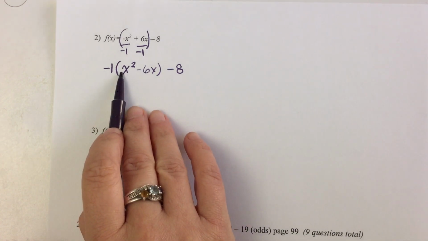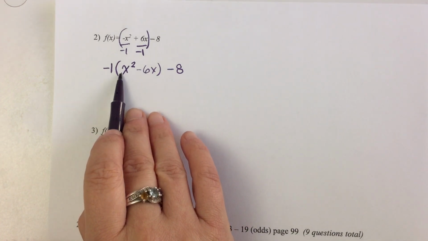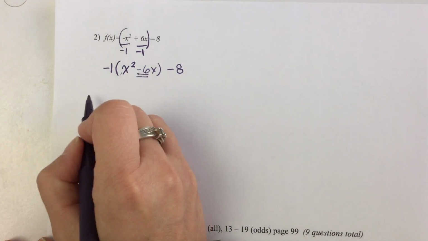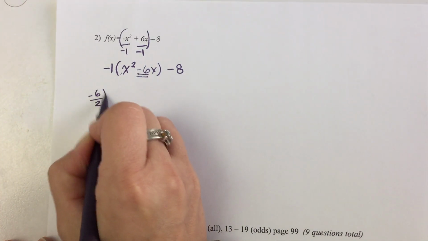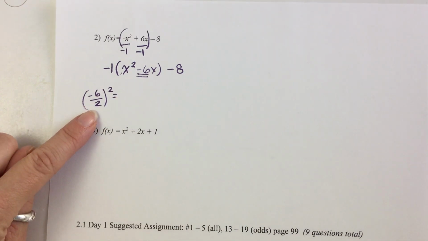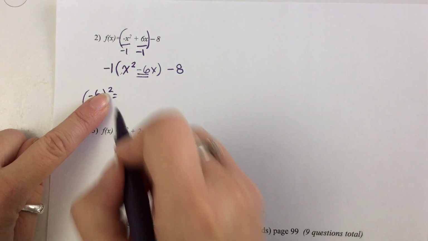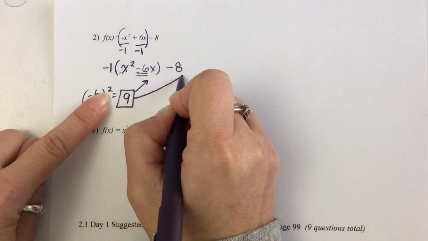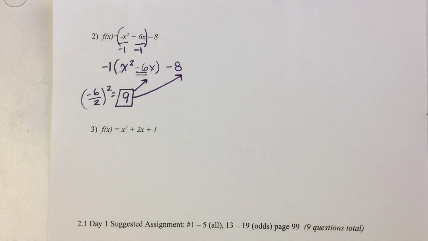Now, I do not have a number in front of the squared term, so it's ready to find the magic number. Take b, the number in front of x, divide it by 2, and then you square it. -6 divided by 2 is -3. -3 squared is 9. So I need to go ahead and add the magic number as well as its value. I need to add and subtract it to keep it balanced.